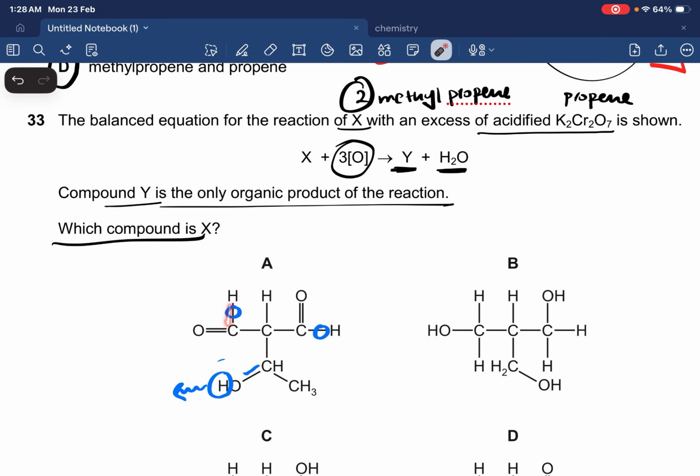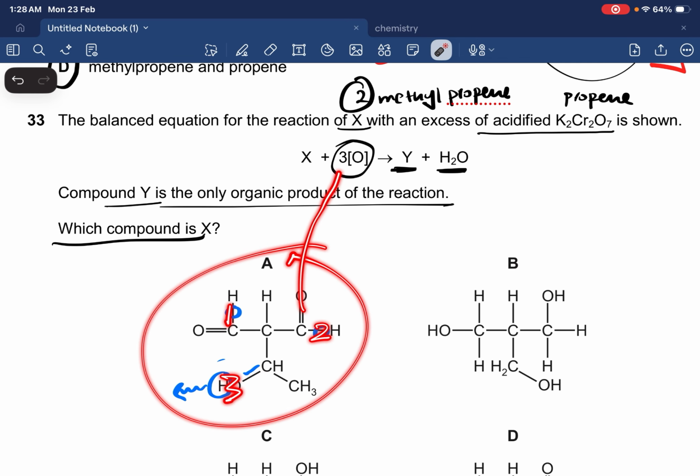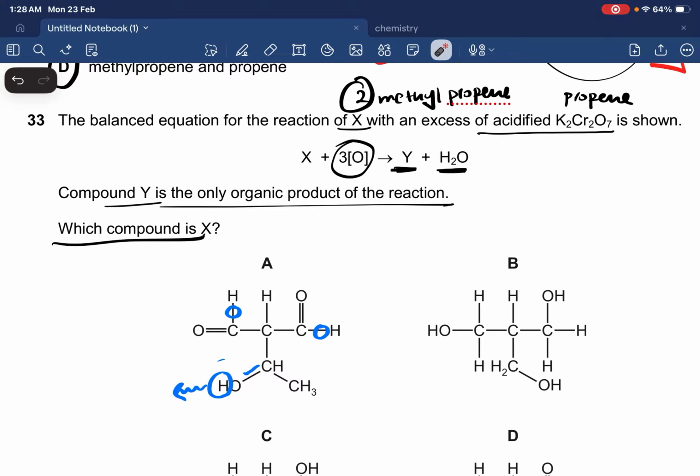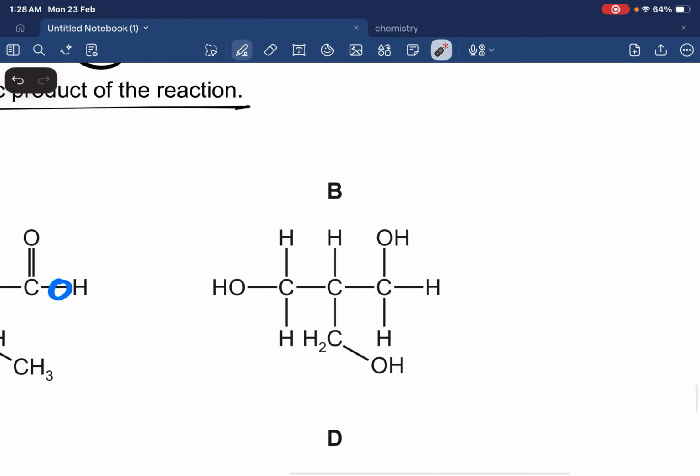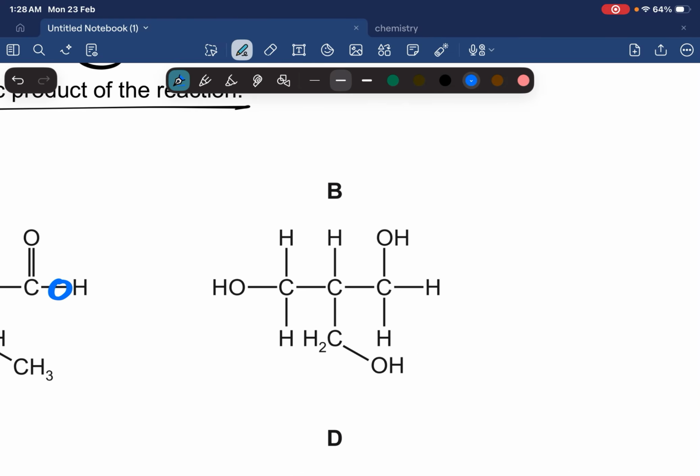So look, now I'm using exactly 3 moles of oxygen. 1 mole, 2 moles, 3 moles for one compound. So it's going to be Y. Definitely this. So I think it's going to be option A, because I'm using 3. But over here, I'm again going to do that. If I oxidize this thing, I'm going to form 2 H's.